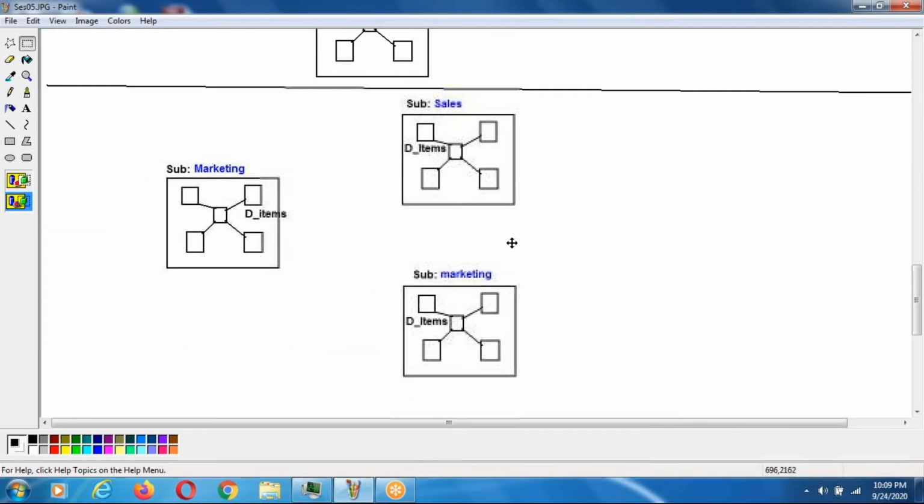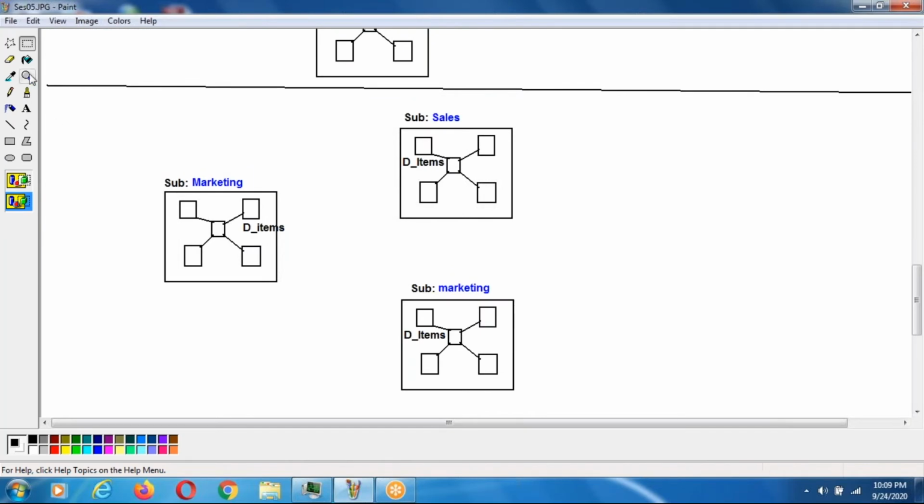So to follow that particular instruction, I'm removing the d_items table from the sales subject. In the same way, I'm removing the d_items table from the marketing subject.